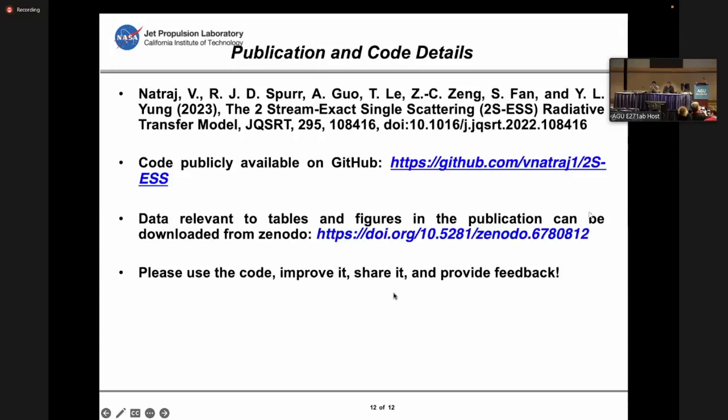Jacek. Hi, Vijay. Very nice. Thank you for the presentation. This is Jacek speaking. Mike Mishchenko has shown that if you have, for instance, 2 orders of scattering, then ignoring or taking into account polarization can lead to significant changes in the top of the atmosphere radiances.